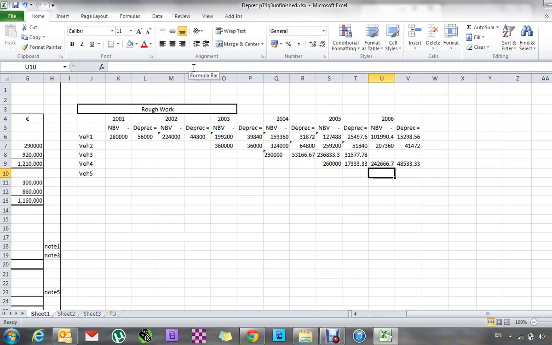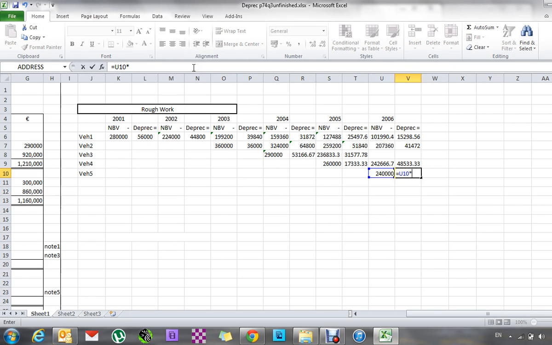And finally, vehicle 5. So vehicle 5 was the replacement for bus number 1, and it was bought on 31st of the 9th 2006 and it's worth 240 grand. So 240 grand goes there as its original cost. Actual 0 there. So I had that.